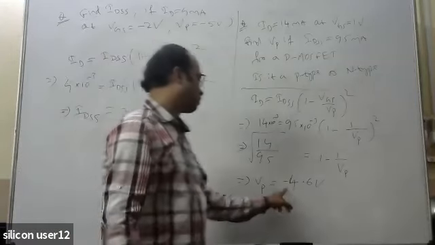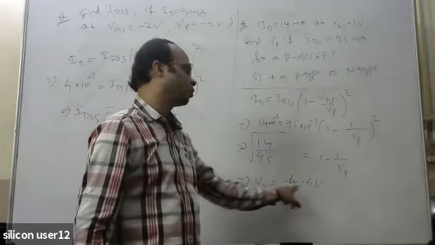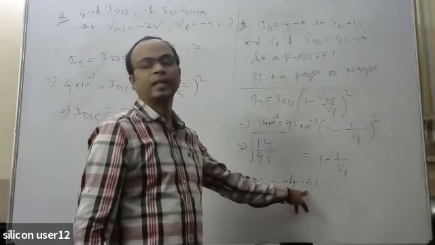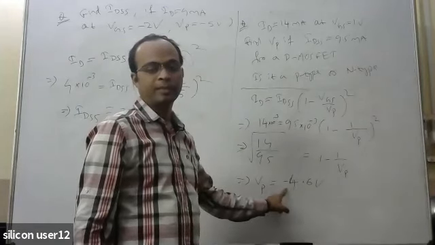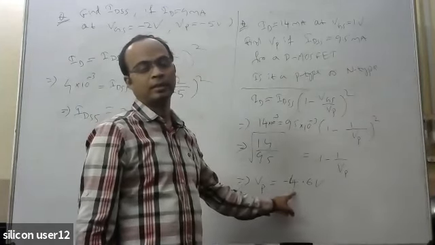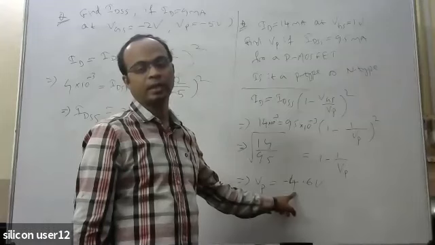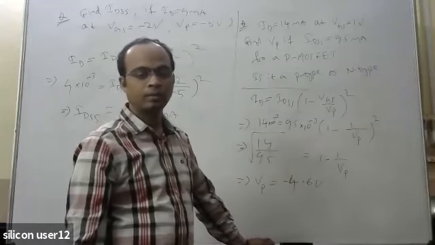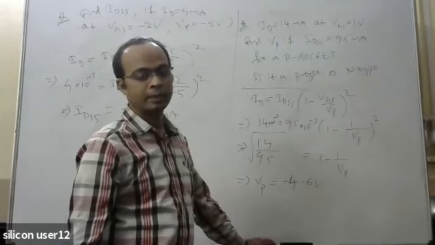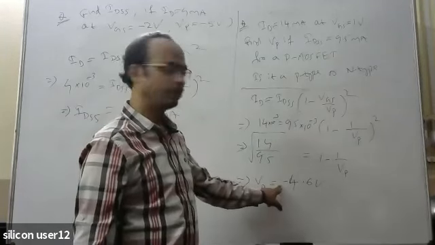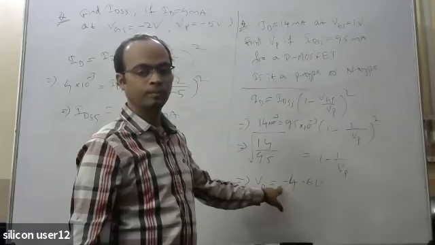So this thing is also indicating something. Since VP is -4.6, is it an N type or P type? If VP is -4.6, then is it a P type MOSFET or N type MOSFET? Please answer. Anyone?